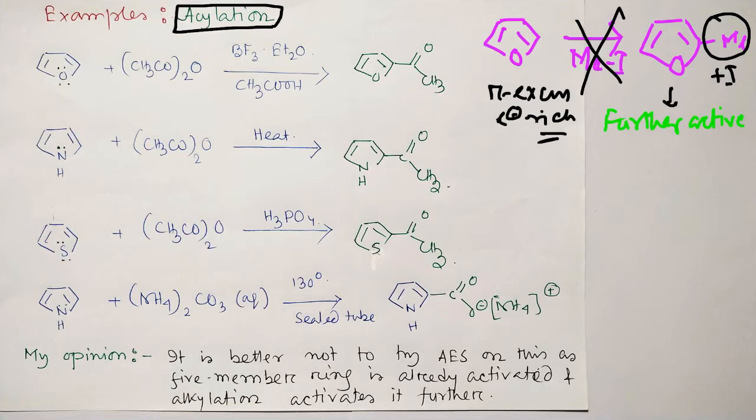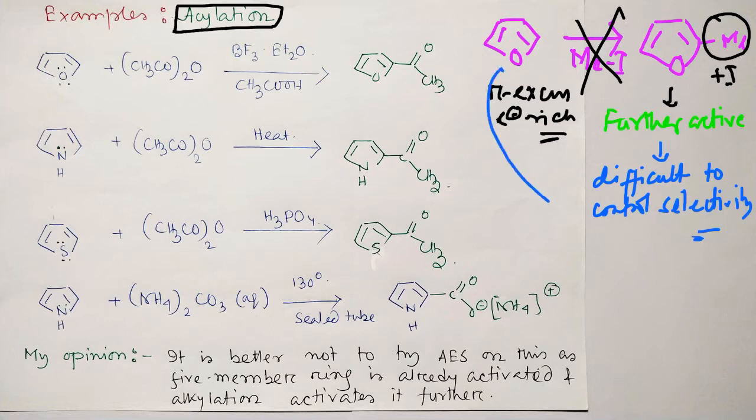So it is very difficult to control selectivity. So that's why alkylation is not preferred. But if you think you need 2-methyl furan, how can you prepare?